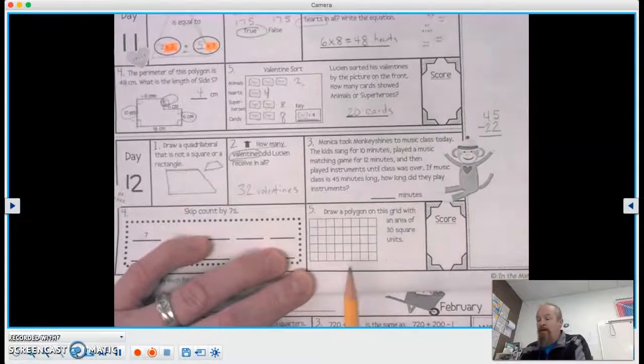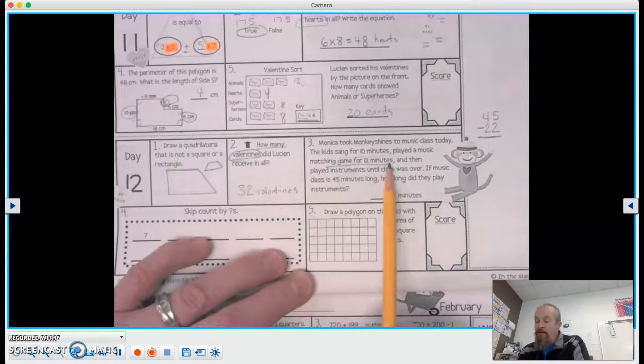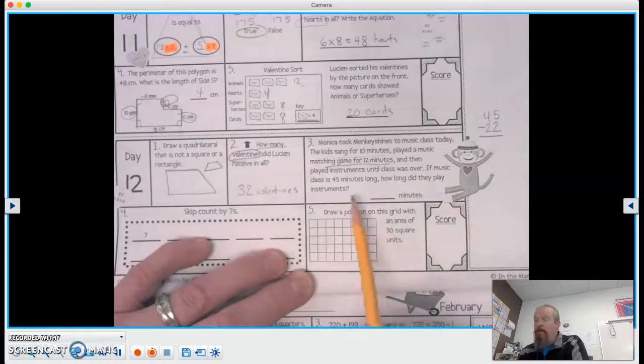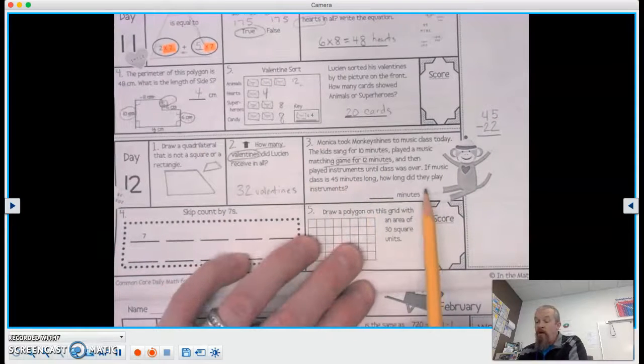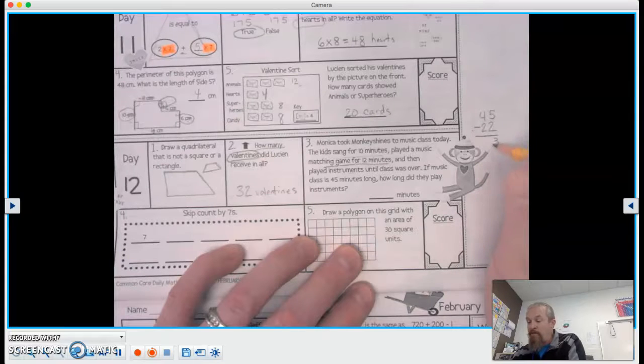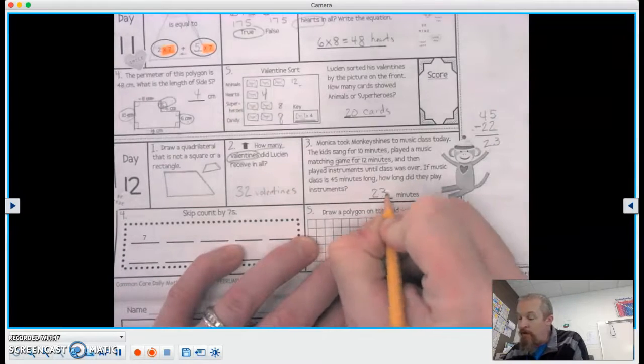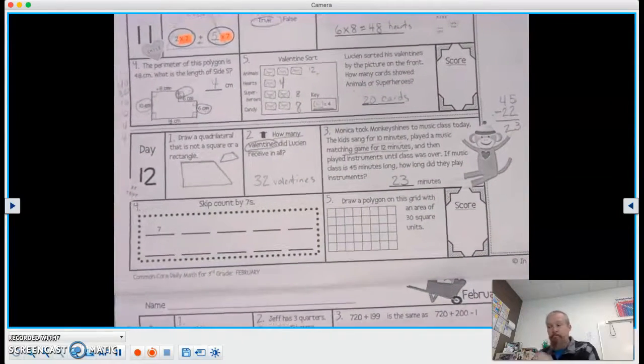If we take away the time that they sang and the time that they played the matching game, that would give us how long they played instruments. So 5 minus 2 is 3. 4 minus 2 is 2. So 23 minutes. All right.